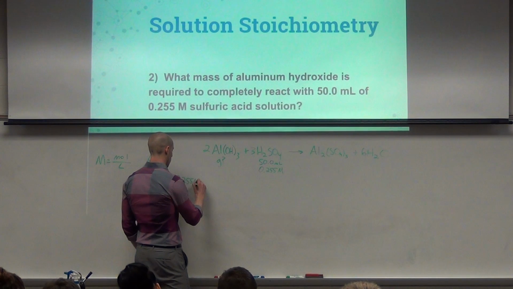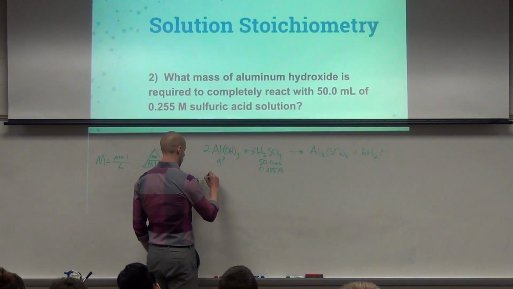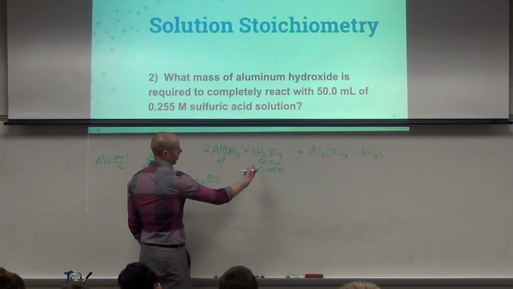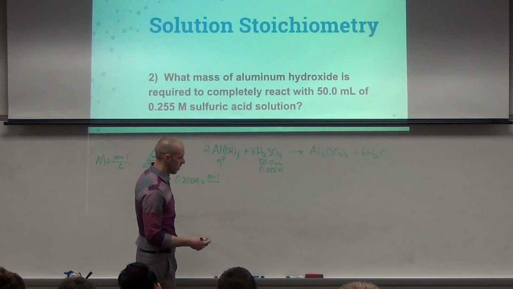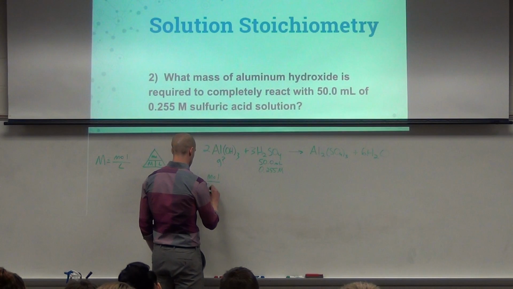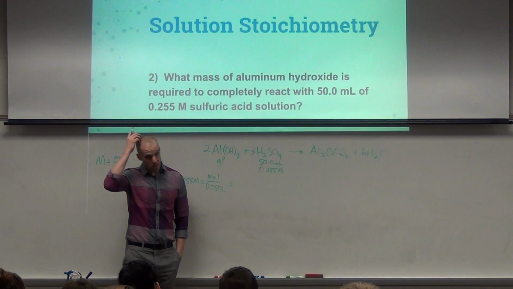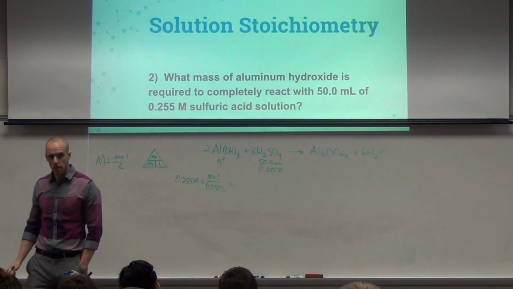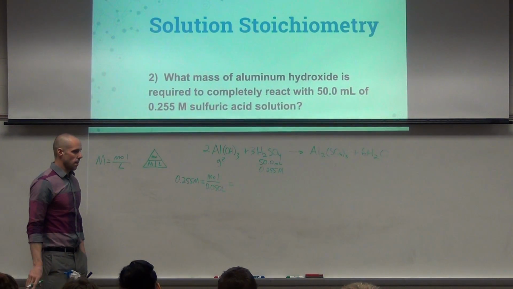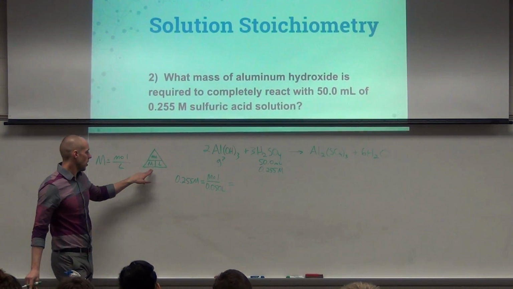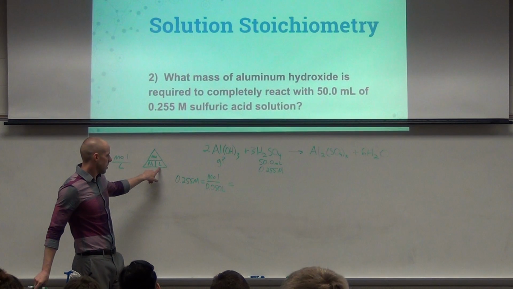So to start out, you'll have 0.255 equals moles divided by, now we don't write 50 in there, we got to write that number of liters there, so it's going to be 0.050 liters. So we got to divide that by 1,000. And if we look down here, we need to do the concentration times the liters.